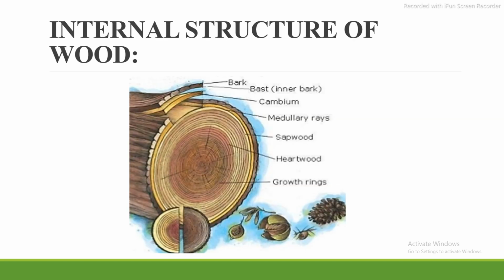Internal structure of the wood, as shown in the figure, includes bark, bast. Bast is the inner bark. This is cambium and medullary rays. This is sapwood. This is heartwood, and these are the growth rings.